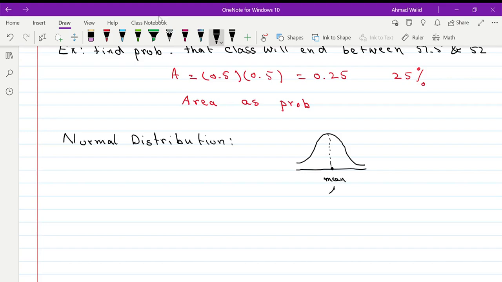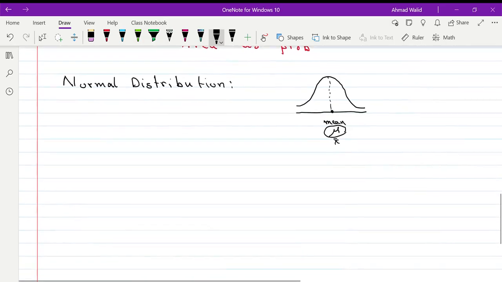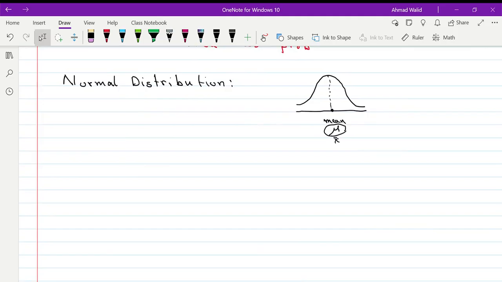It can be mu or it can be x bar, but here in 6.2, usually we are dealing with mu. Correct? The mean is always in the center. Now, look at this example. There are so many normal distributions.